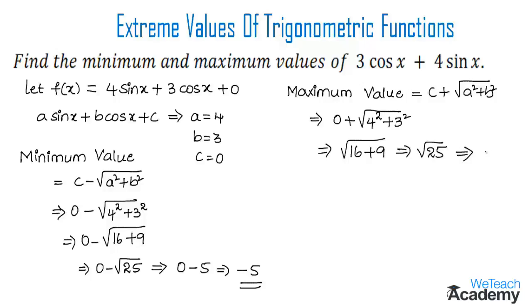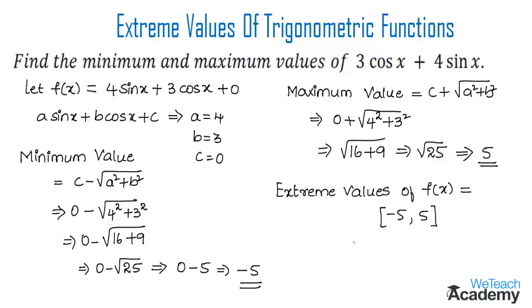And the square root of 25 is 5. So we get 5 as the maximum value of the given function 3 cos x plus 4 sin x. So the extreme values of the given function f of x are minus 5 and 5. And the range of f of x is also equal to minus 5 to 5.